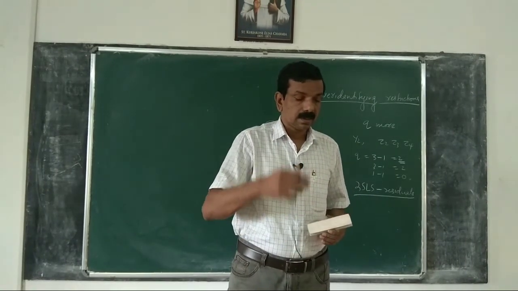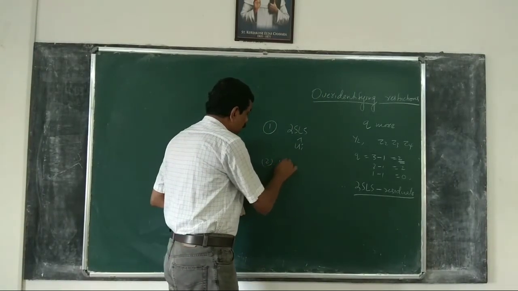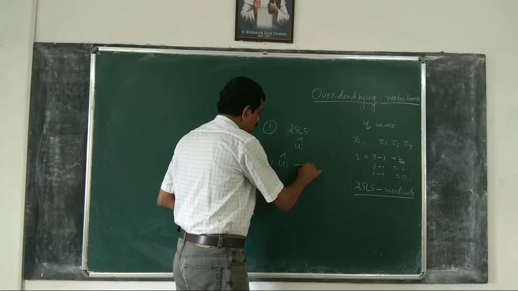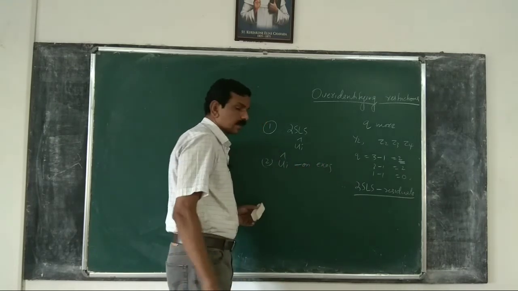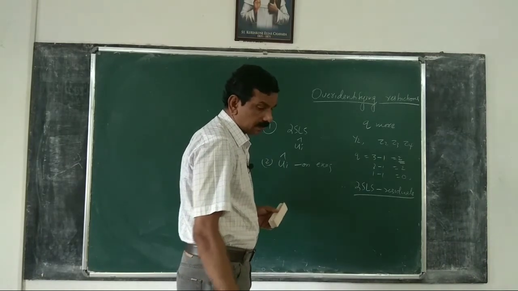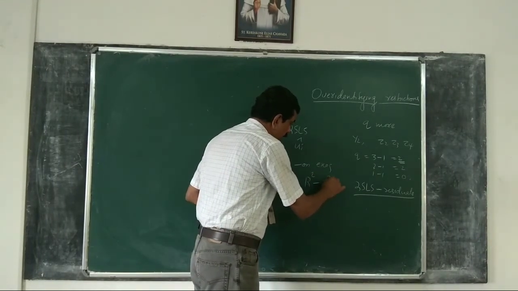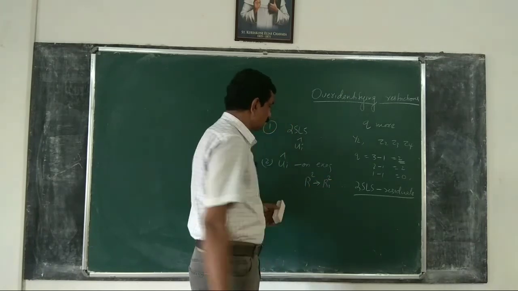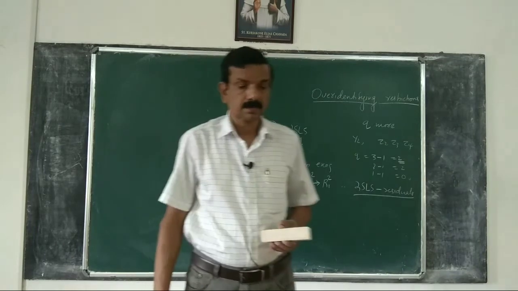In the second stage, we regress U hat on all the exogenous variables, and we obtain what is known as R square. We denote it as R1 square.